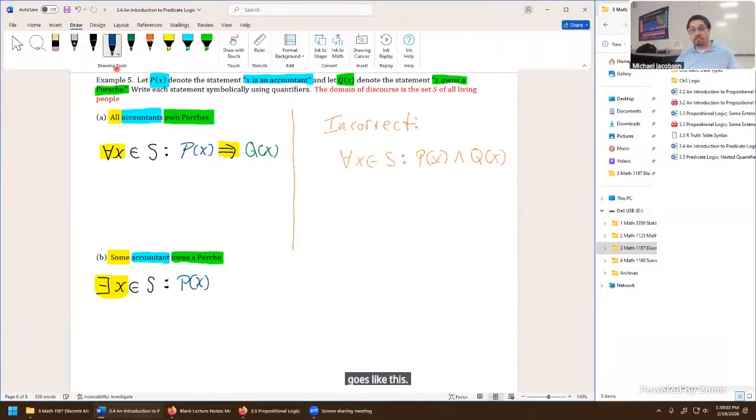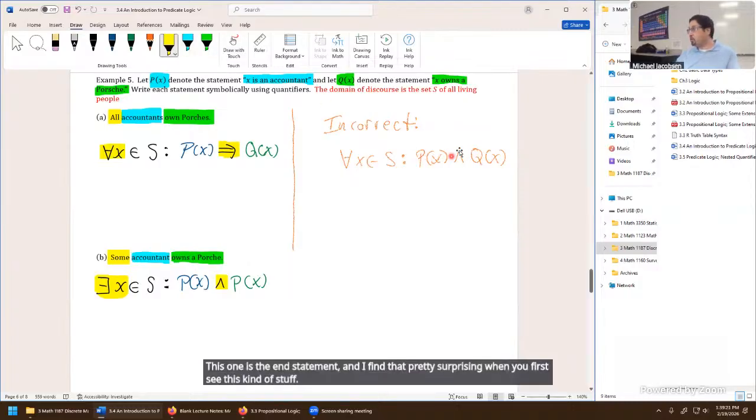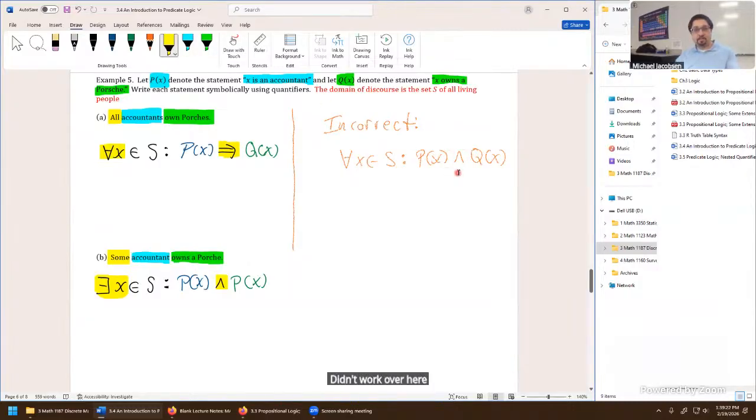There exists a person such that they're an accountant, and we use the conjunction and statement. They own a Porsche, P of X and Q of X. This one is the and statement, and I find it pretty surprising when we first see this kind of stuff. It didn't work over here with the conjunction and statement, but that's because it was a universal quantifier.